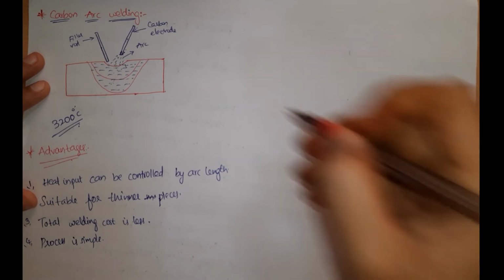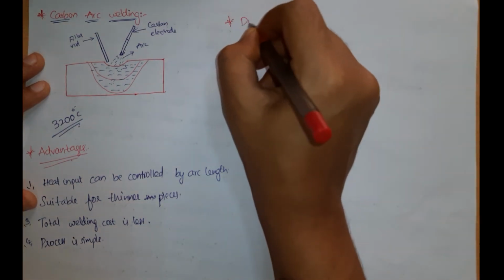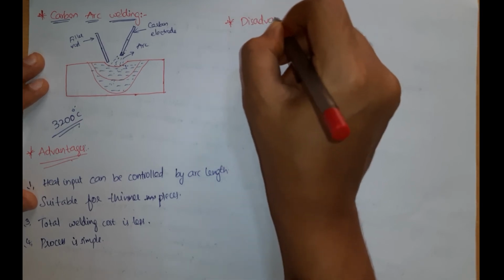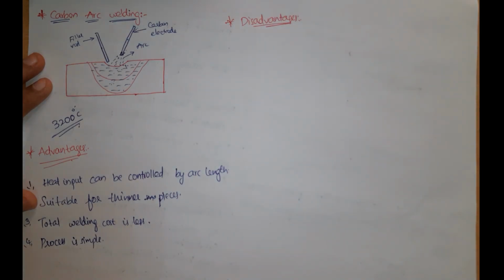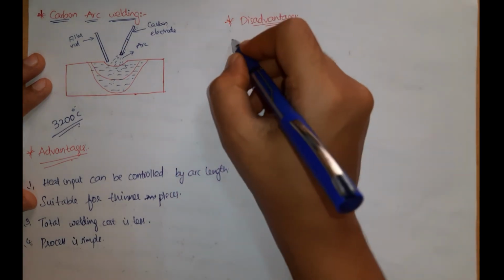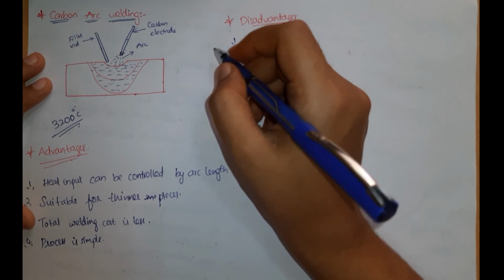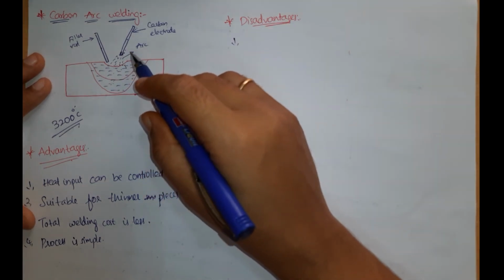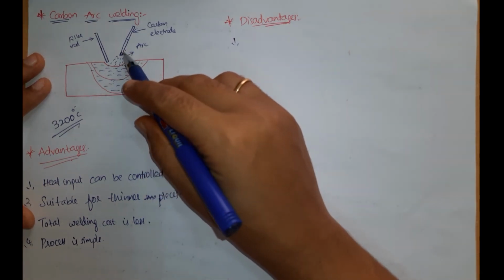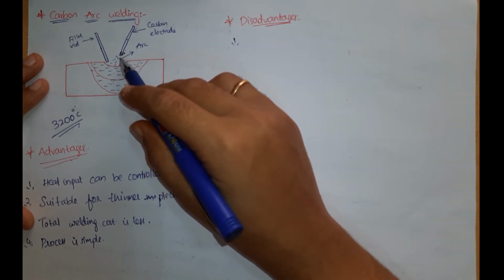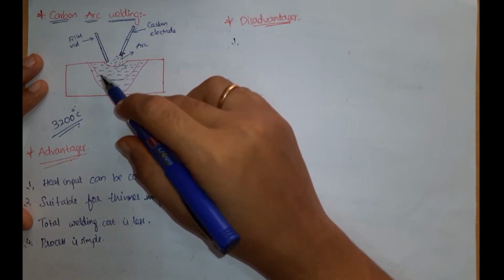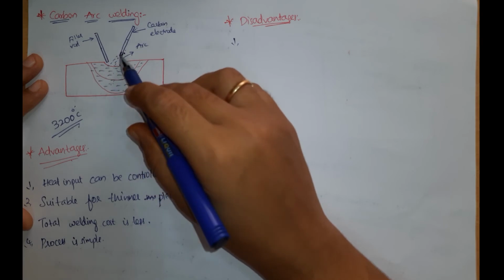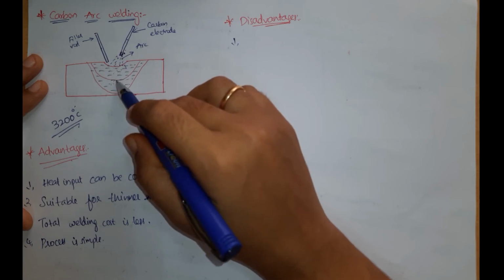Now coming to the disadvantages. There is a chance that carbon gets transferred from the electrode to the weld. When carbon gets transferred due to the melting of the carbon electrode, there is a chance that the carbon gets deposited on the welded piece.